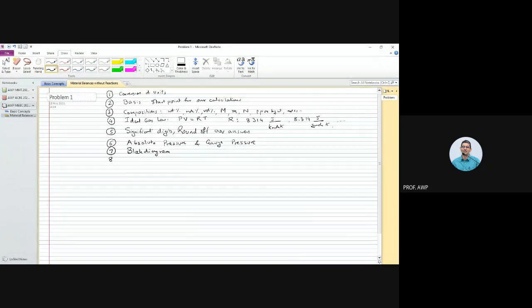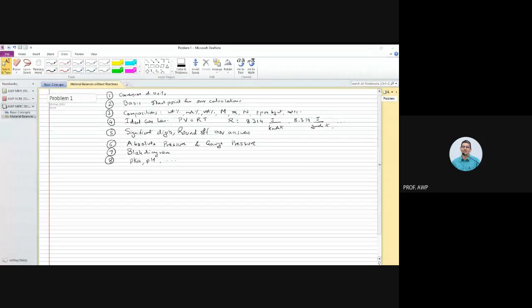One more thing I had asked you to revise about pH, pKa, pH, all those things. Have you done? Anybody has any doubts based on that? Yes, please ask. Sir, is hydrolysis also included in that? Hydrolysis means what? What do you mean by hydrolysis? So salt hydrolysis equation. Give me an example.